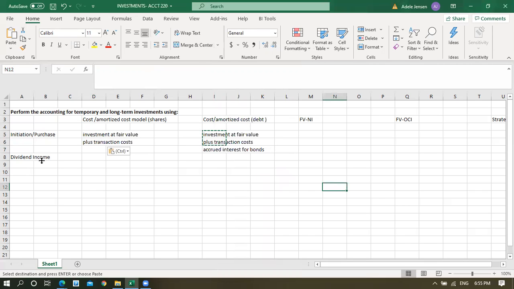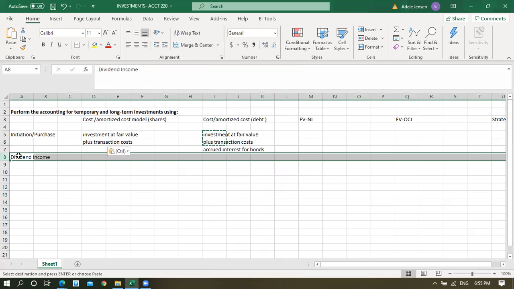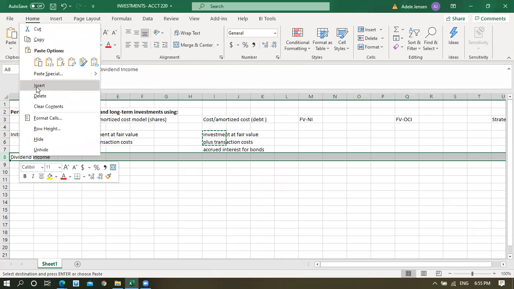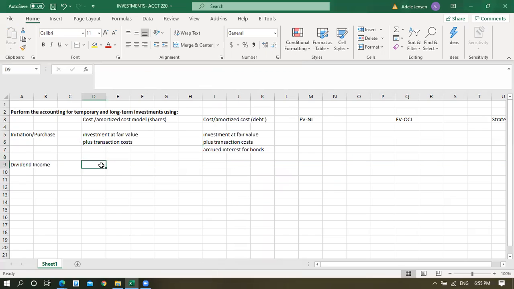Okay, so dividend income. What happens with dividend income? How do we classify it using the cost amortized cost model? Well, we recognize it when there's a right to receive the dividend. So recognize when dividends are declared and not when they are distributed.